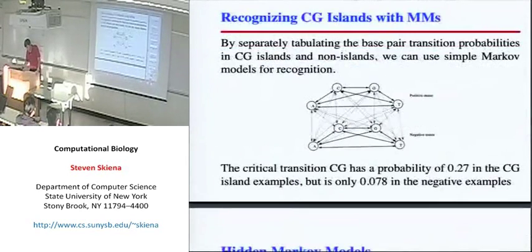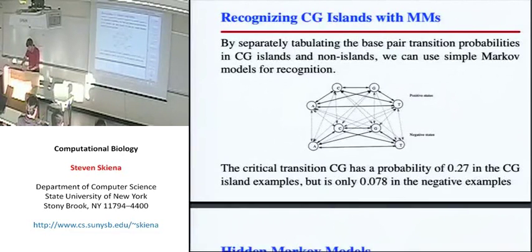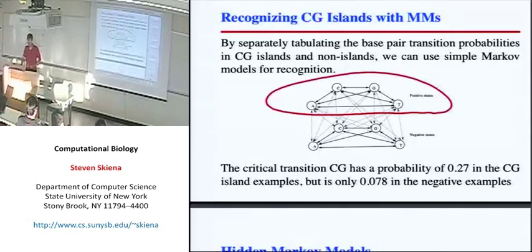Actually, maybe I'll come back here. Let's look now at how we might build a Markov model for recognizing the difference between the CG islands and the non-CG islands. Let's look at a real example. One simple model might be something like this: suppose we have a model of 4 states, where each state corresponds to the last base seen.